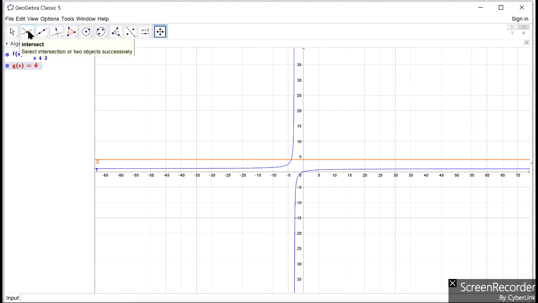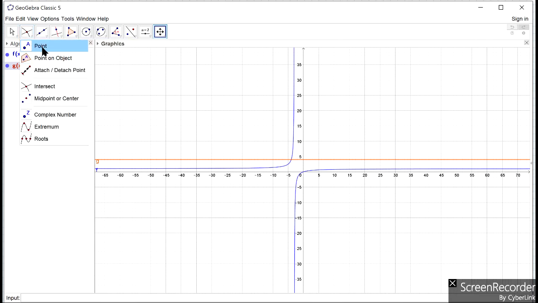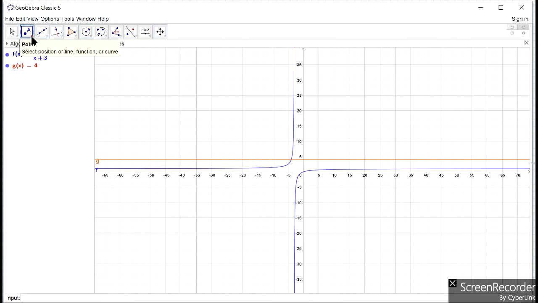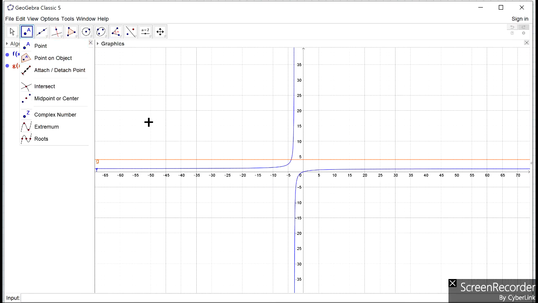To get it, we can use the intersect option. The default should just say point, and in order to find the intersection, we want to click on the lower right corner triangle and choose the intersect option. That way you can find, using GeoGebra, the intersection of these two curves over here.